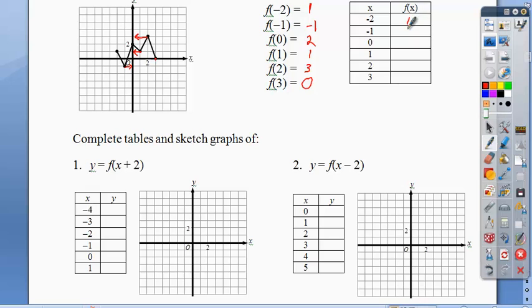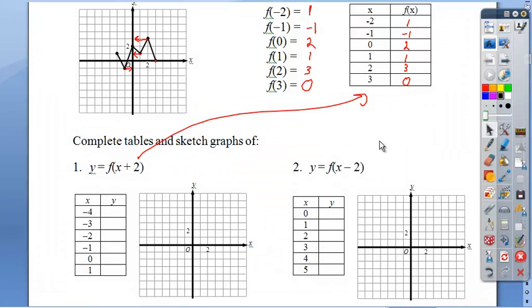And so I can just plug these right here into my table. Everything that we're about to do from here on out is going to be based on this table, so this equation right here will also be predicated on this table.